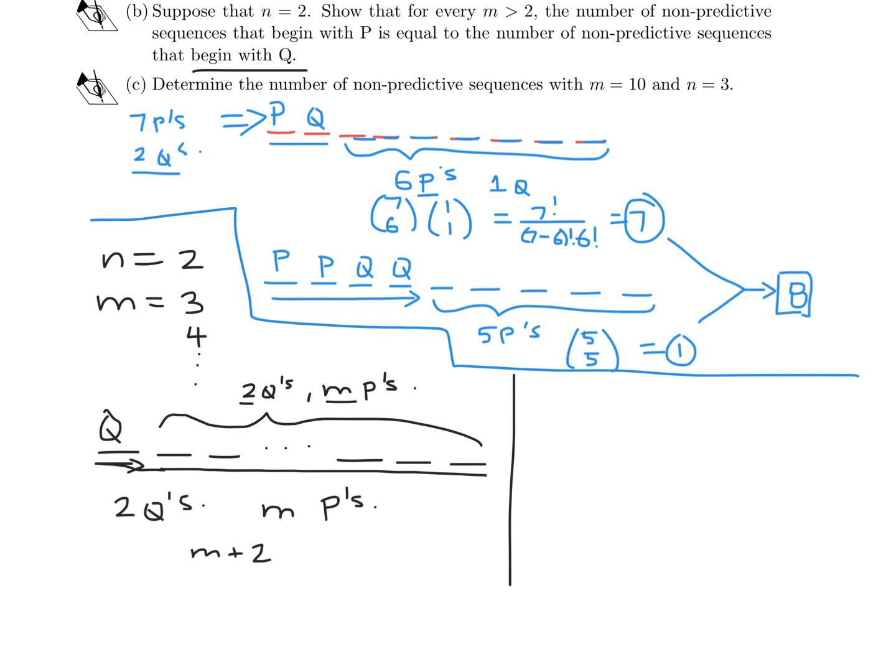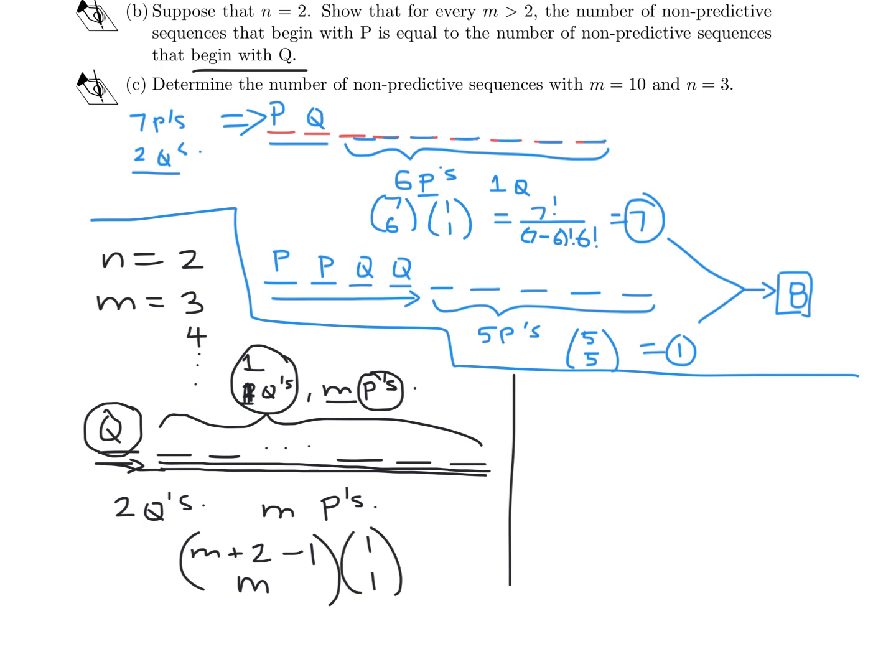So this actually is not 2, this should be 1. Sorry about that. And then we have to subtract 1 for this guy. This has already been placed. So the total number from here to here is m plus 2 minus 1. And then from those, we have to choose m to place the P's, these guys. And then we'll have 1 space left over to place this 1 Q, and that's where we place it.